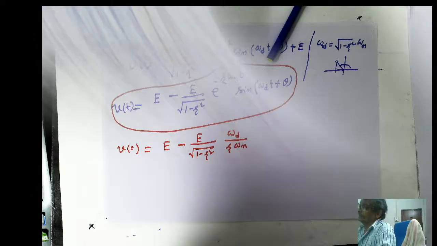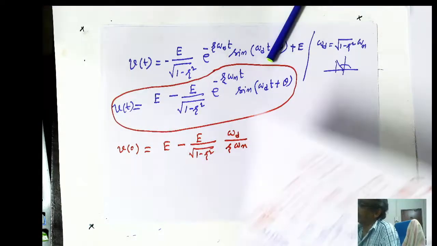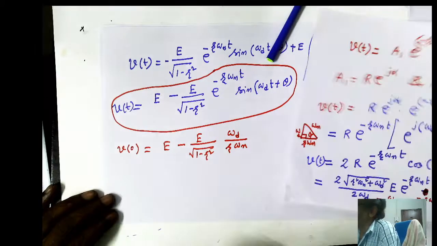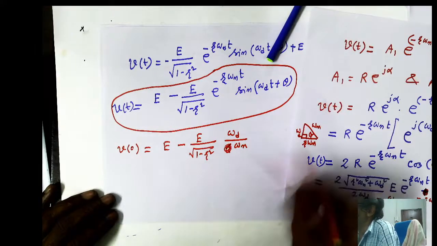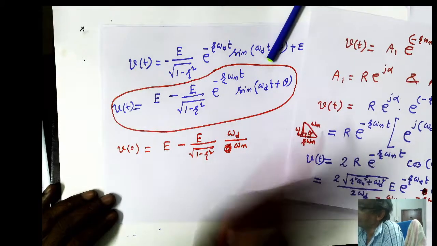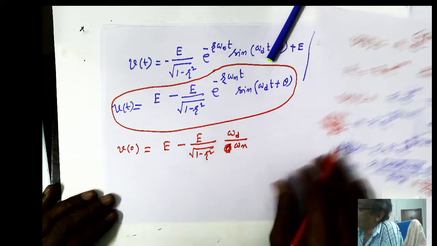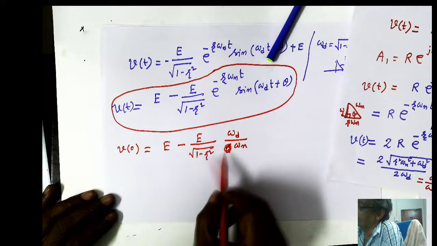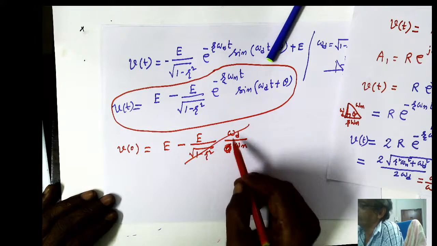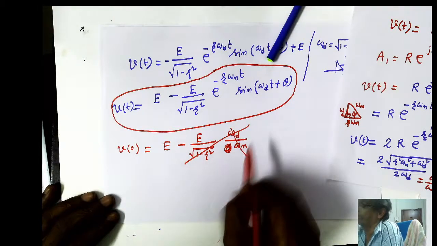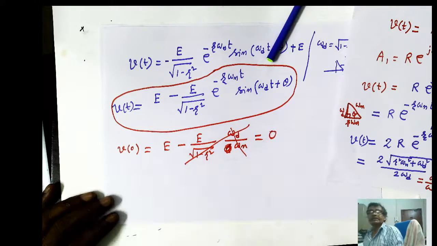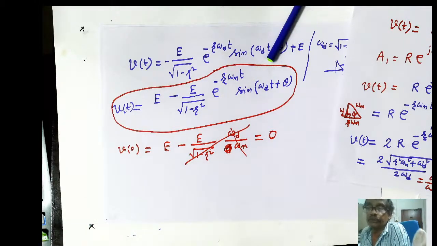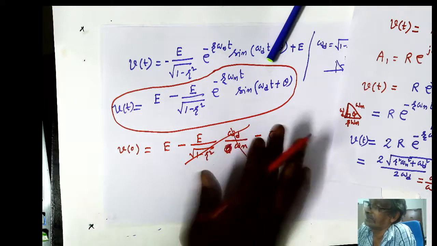Sine theta is omega d by omega n. So omega d by omega n, and omega n into root over 1 minus zeta square is your omega d. So they will cancel out and it will give you 0. You can also verify C dv by dt, put t equal to 0, it is 0, then you will be 100% sure that this expression is correct.